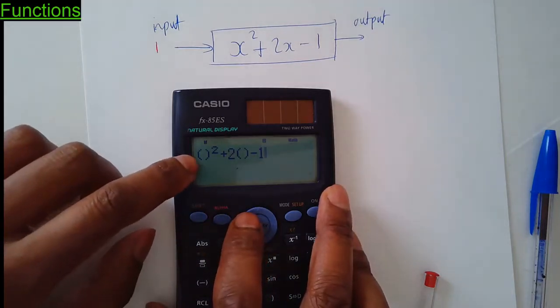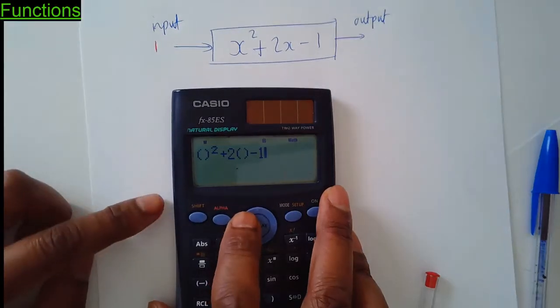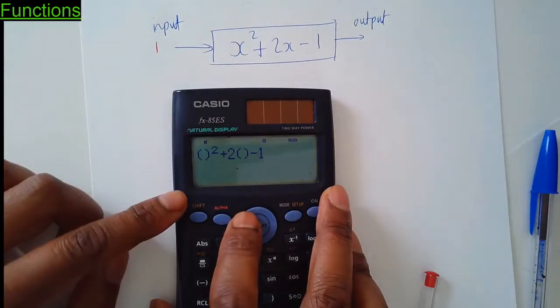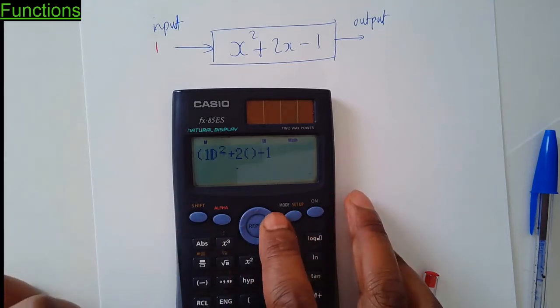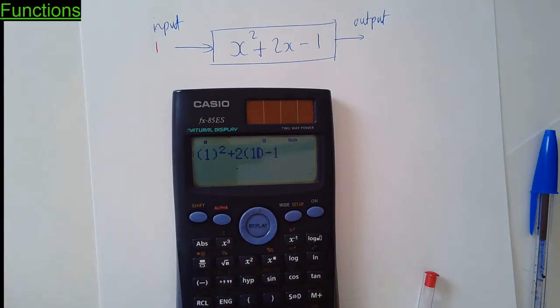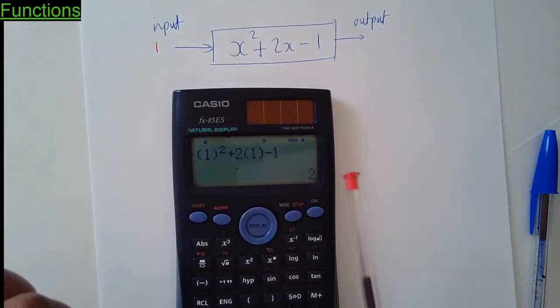So those brackets represent the x's. That's where I'm going to put the 1. Okay, so that's 1 squared plus 2 times 1, take away 1. Output is 2.